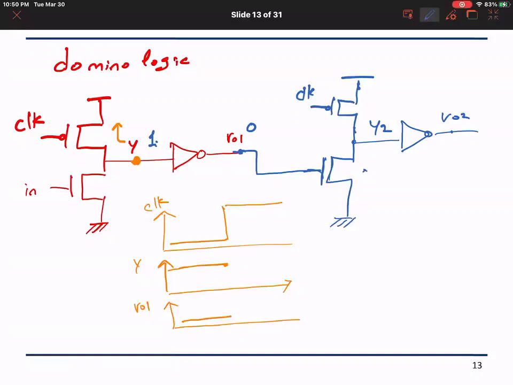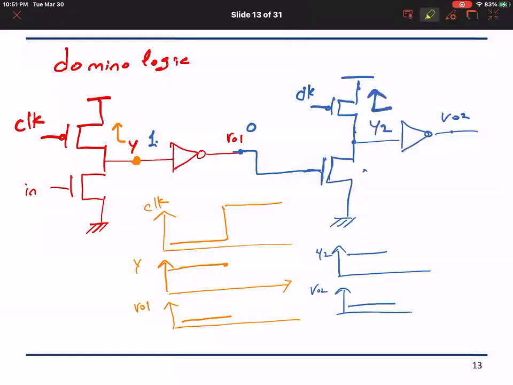Okay, and therefore the clock for the second PMOS transistor can pull up the output Y2, and as such Y2 will also be charged high, and VO2 will automatically be low during this stage.